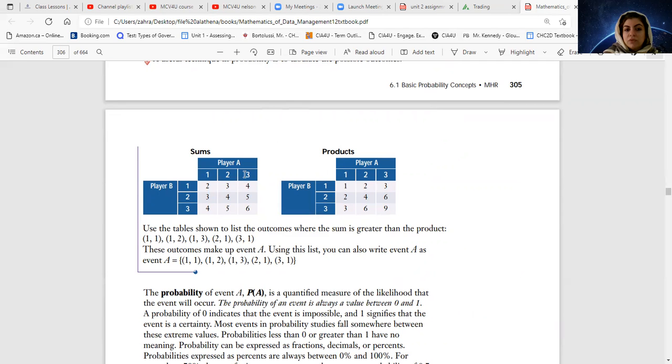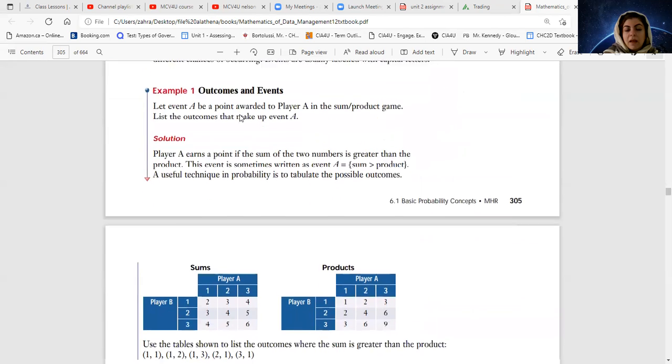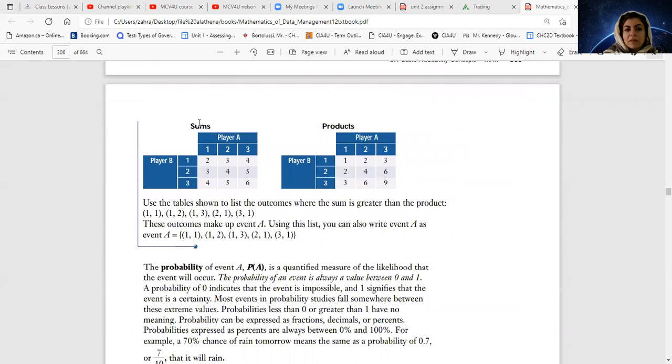Let's say I have the numbers 1, 2, 3, and the sum of these numbers. 1 plus 1 is 2, so you write it here. 1 plus 2 is 3. 1 plus 3 is 4. 2 plus 1 is 3. 2 plus 2 is 4. 2 plus 3 is 5. 3 plus 1 is 4. 3 plus 2 is 5. 3 plus 3 is 6.